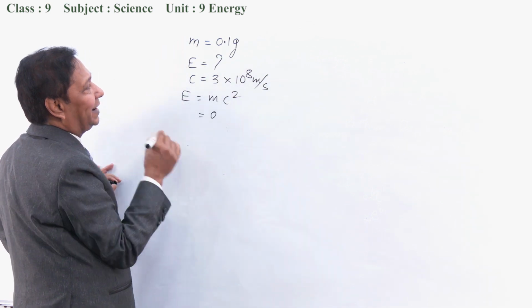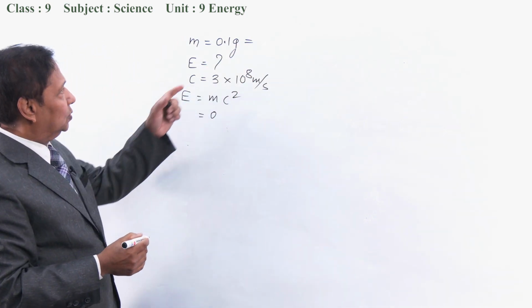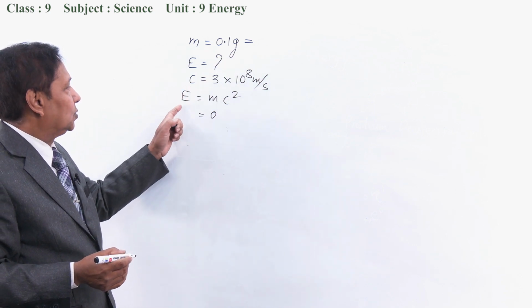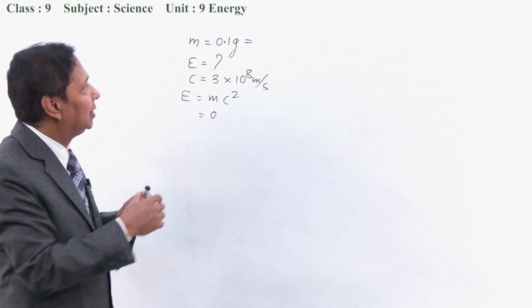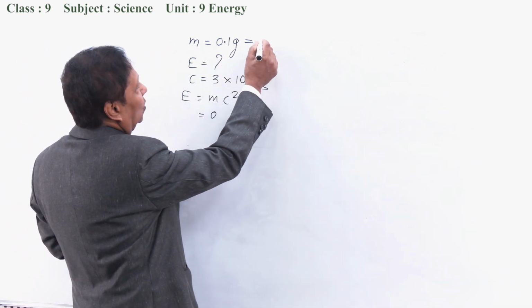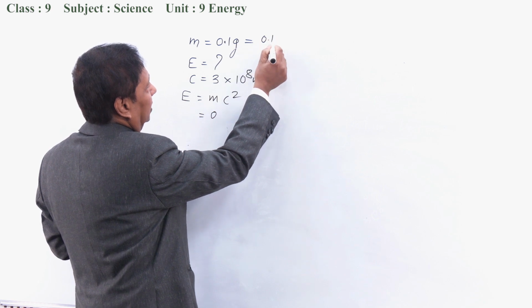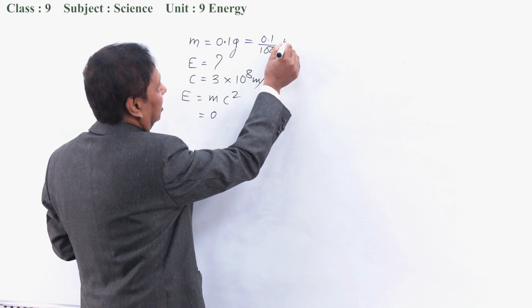This 0.1 gram, we cannot use gram because we have to convert this into kilogram, because we are getting energy in joule. If we are going to measure energy in joule, then mass should be written in kilogram. That's why 0.1 gram, if divided by 1000, comes in kilogram.